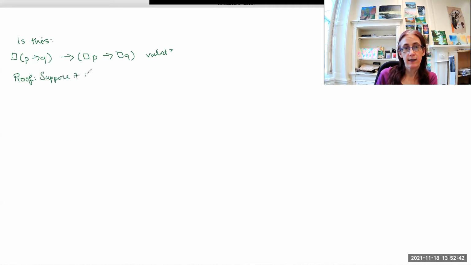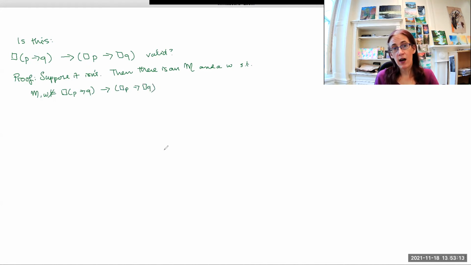Suppose it isn't. Then we know that there is a frame and a model on that frame and a world in that model that makes it false. So we'll just simplify this and say there is an M and a W such that this formula, necessary P implies Q implies necessary P implies necessary Q, is false at that world.